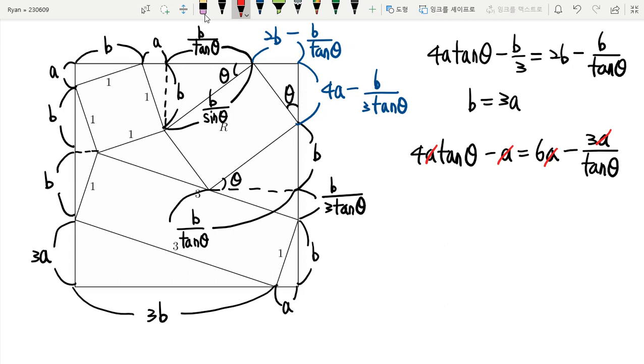We can divide both sides by a, and then let's multiply tangent theta to both sides. Yep, so you can factor this equation. So when you factor this equation, what's the value of tangent theta?